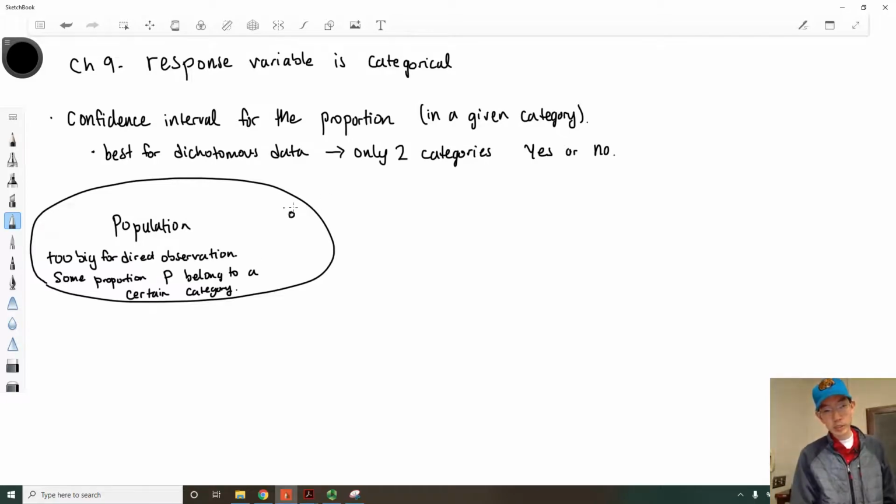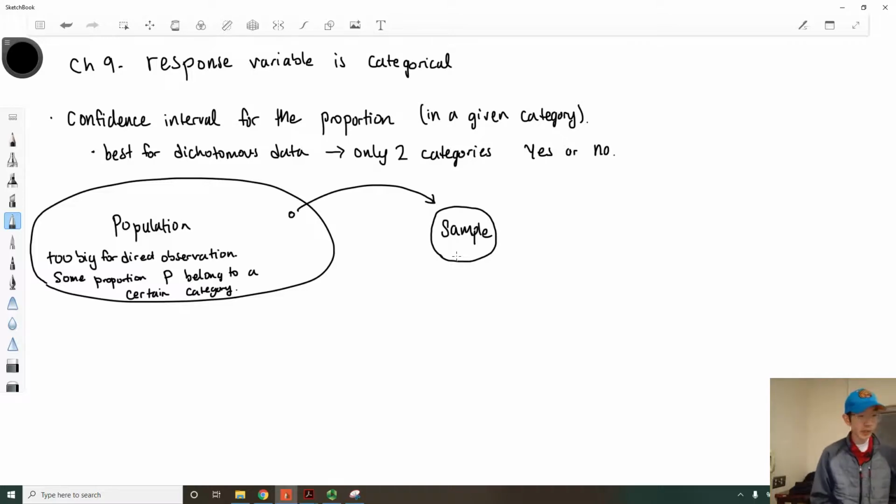But we can't study the population directly, so we take a little piece out of it, and this is our sample. Maybe we call 100 people, and we ask them, do you support candidate so-and-so?